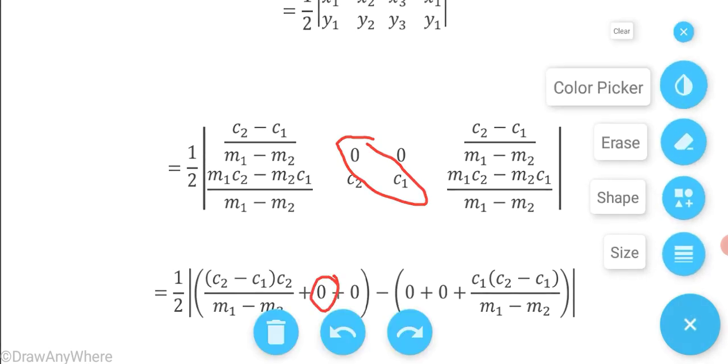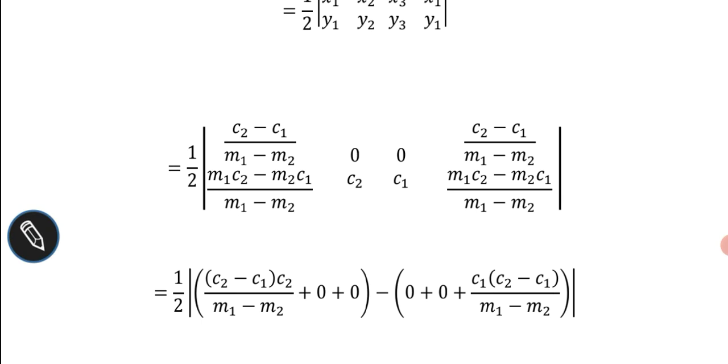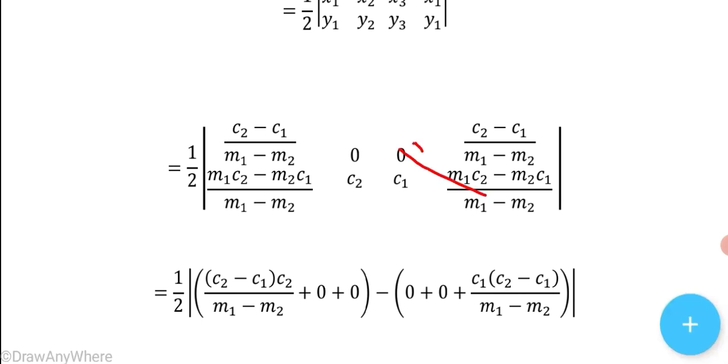Then plus, multiplying these two terms, 0 into something, we get 0.